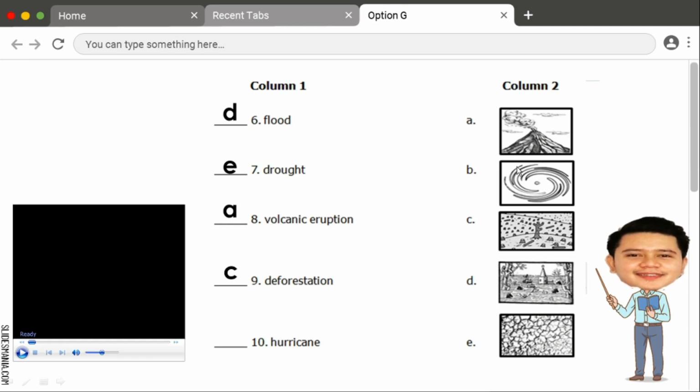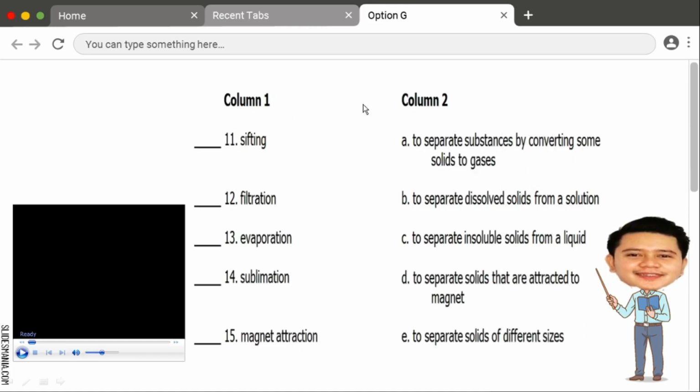And of course, obviously, number 10, which is the hurricane, is letter B. Now let us read all the vocabulary words. We have flood, drought, volcanic eruption, deforestation, and hurricane.